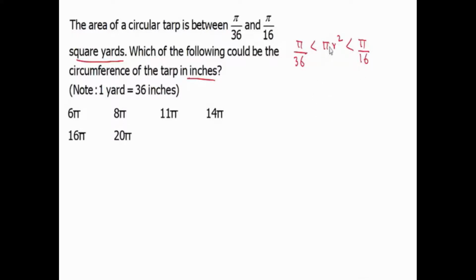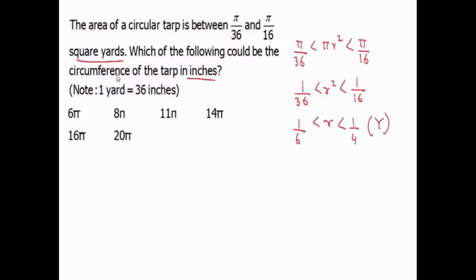So if we divide everything by pi, we get r squared is between 1 over 36 and 1 over 16. And taking the square root, we have the radius of the circle lying between 1/6 and 1/4 of a yard. So this is in yards.